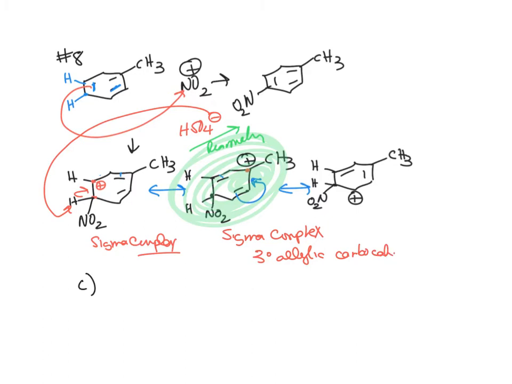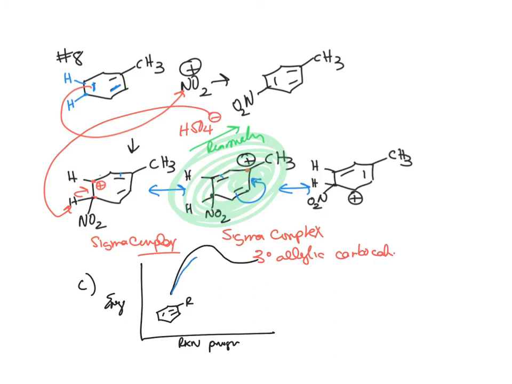Now for C, the energy diagram below shows the addition of an electrophile to a substituted benzene to form ortho, meta, or para. Label the corresponding line of the energy for ortho, meta, para. So here we have energy, we have reaction progress, we have our R group, which is toluene, and it's just showing you these three lines here, and they want you to label.